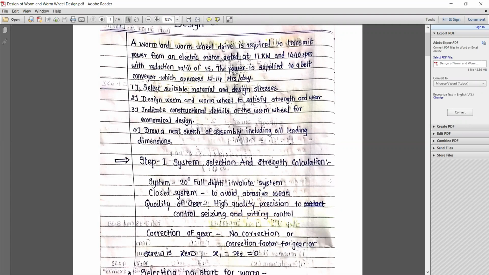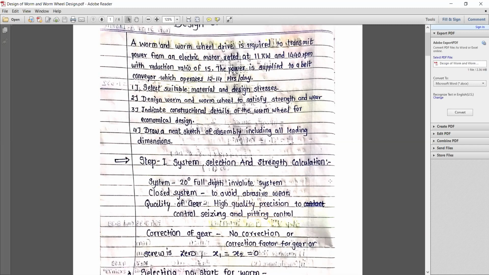A worm and worm wheel drive is required to transmit power from an electrical motor rated at 11 kilowatt and 440 rpm with a reduction ratio of 15. The power is supplied to a belt conveyor which operates about 12 to 14 hours per day. So what we need to do: we need to select a suitable material and design stresses.